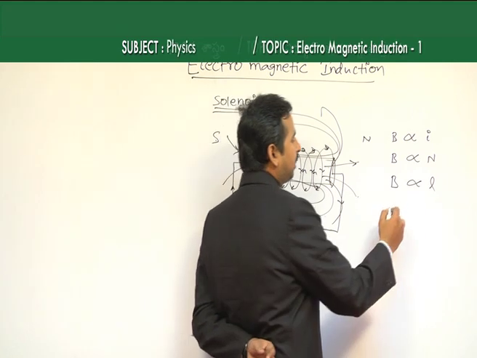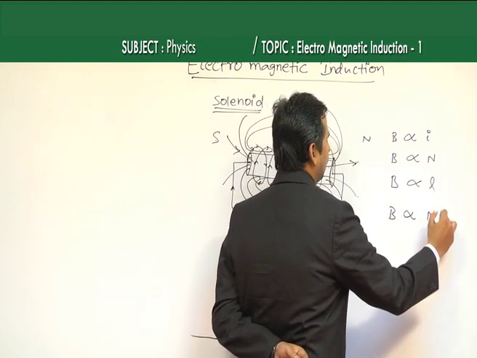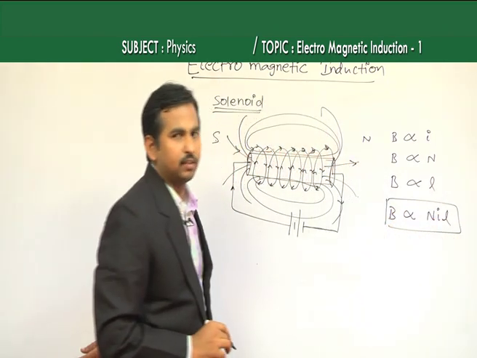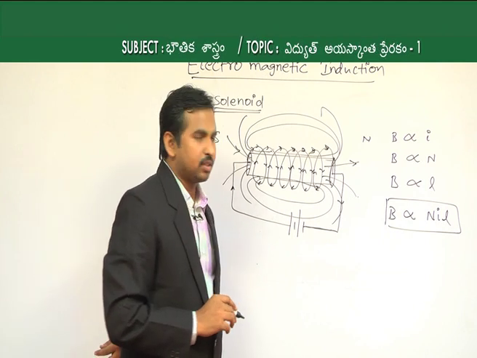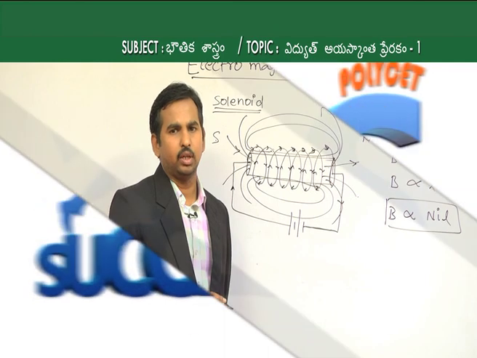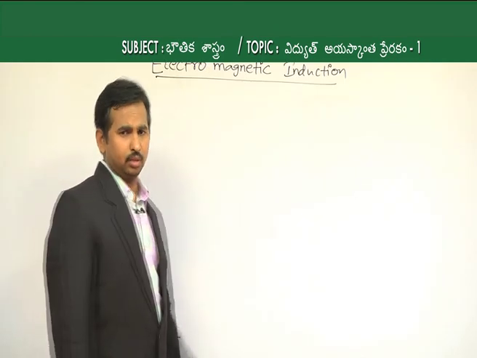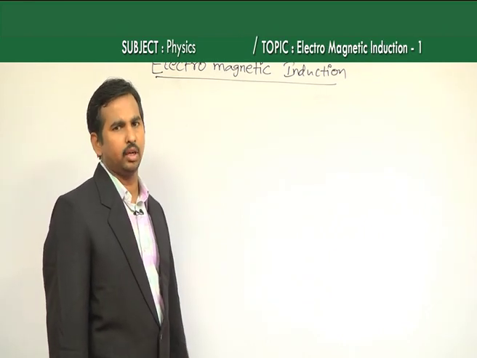Means the magnetic field strength is directly proportional to N, I and L, where N represents the number of turns, I represents the current in the wire, and L represents the length of the solenoid. Till now we have seen the magnetic lines of force around a straight conducting wire, a circular coil and a solenoid.